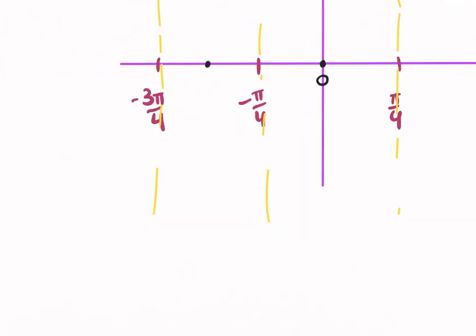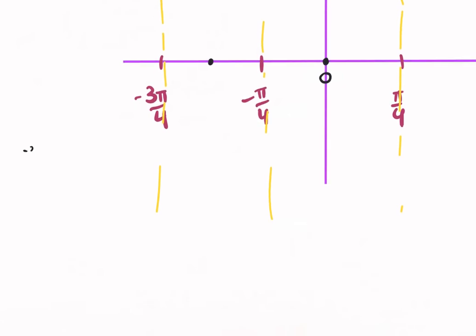So add them and divide by 2. So negative 3 pi over 4 plus a negative pi over 4 would be negative 4 pi over 4, which is negative pi. And then multiply times a half or divide by 2. And I know that point in between is negative pi over 2.